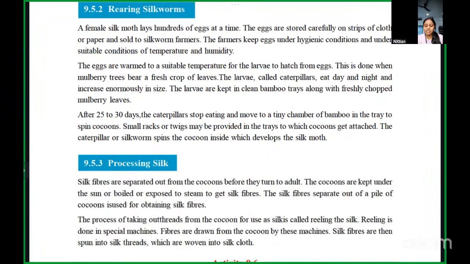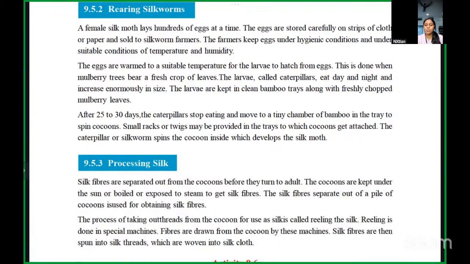The farmers keep eggs under hygienic conditions and under suitable temperature and humidity. Silkworm farmers are those people who work in sericulture. The eggs are warmed to a suitable temperature for the larvae to hatch from the egg.